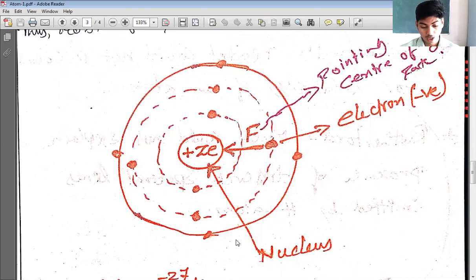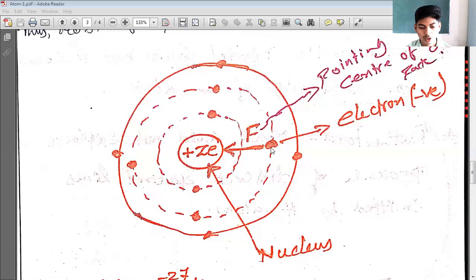Decide that first. Yes or no. Electron is acted upon by centripetal force. If it is acted upon by centripetal force, it must have centripetal acceleration.